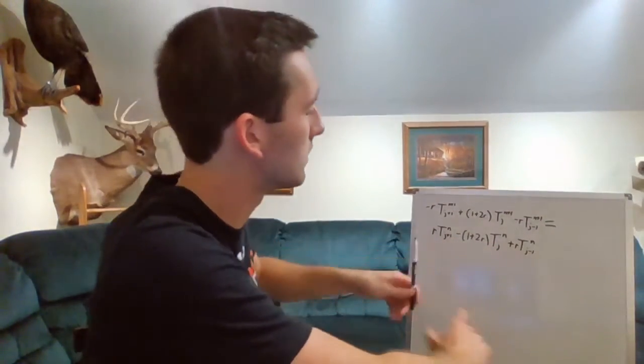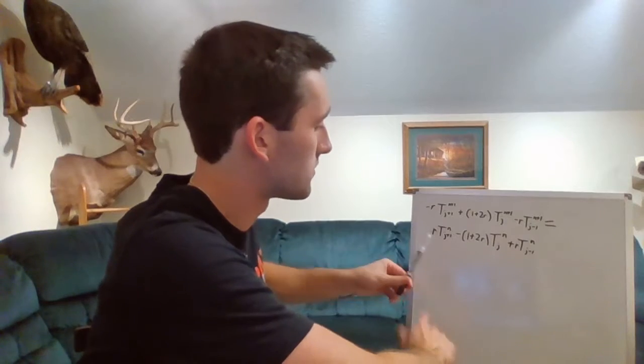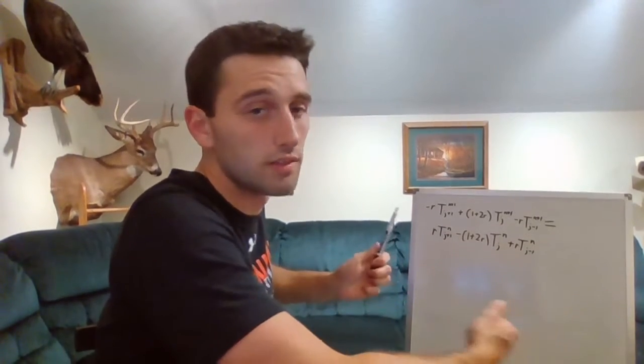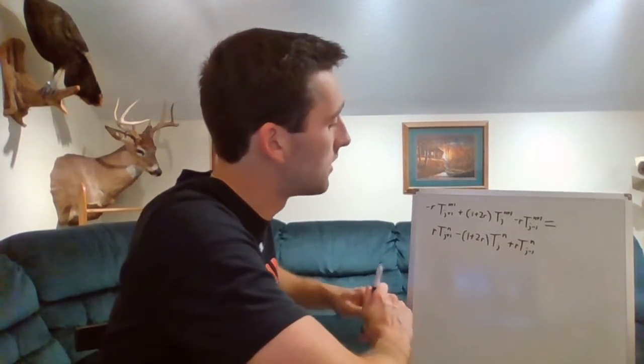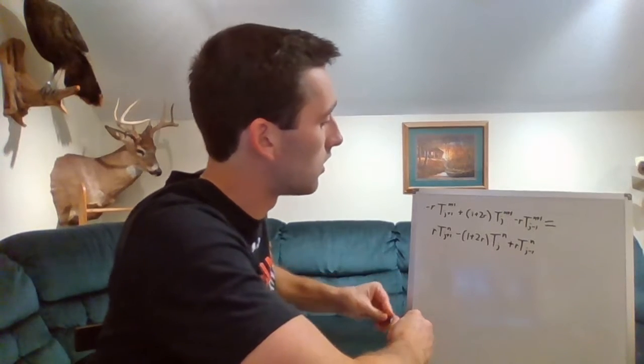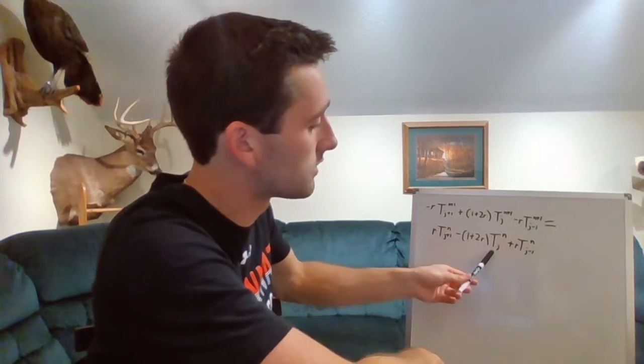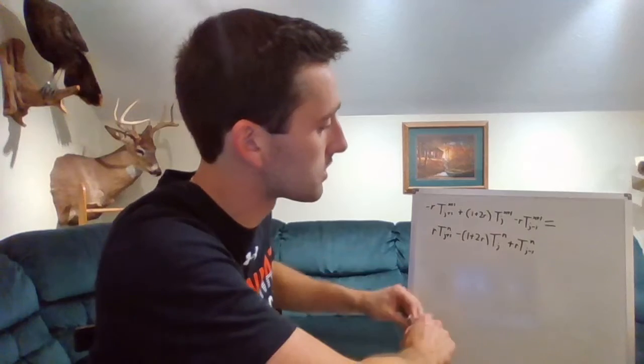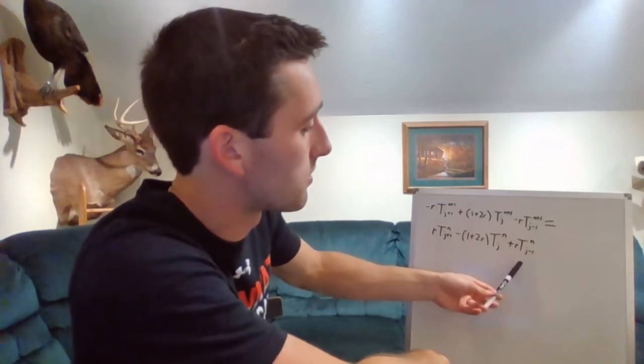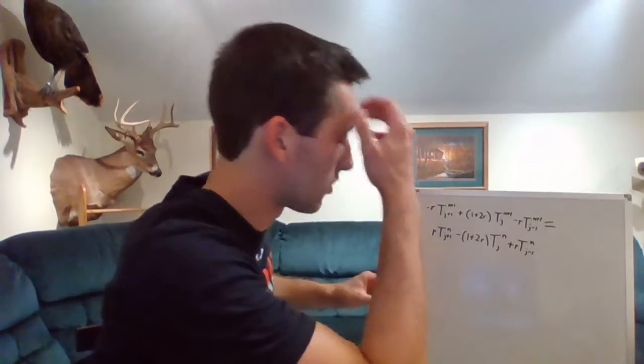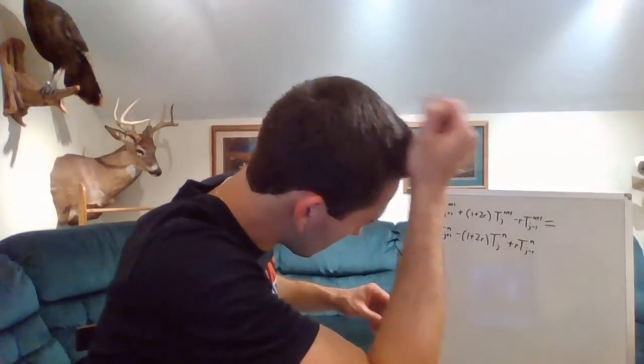So we have this equal to r times temperature at the next position at the current time, plus 1 minus 2r of the current temperature at the current time and position, plus r times temperature of the previous position but at the current time.